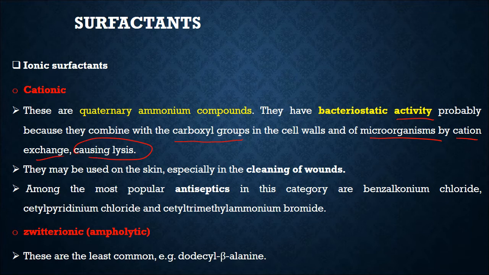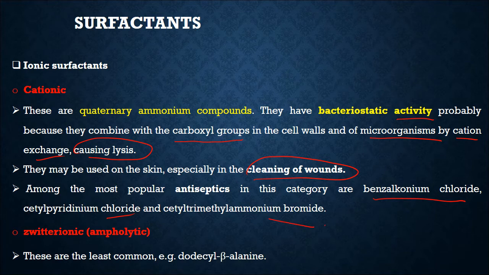They may be used on the skin, especially in the cleaning of wounds. Among the most popular antiseptics in this category are benzalkonium chloride, the preservative that you usually use in pharmaceutical preparations, cetylpyridinium chloride, and cetyl trimethyl ammonium bromide.